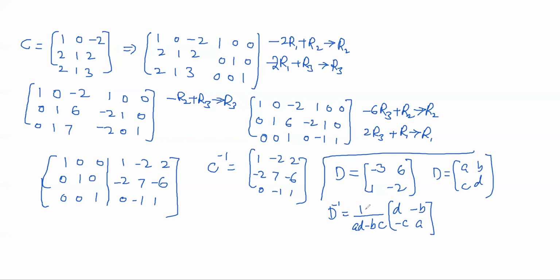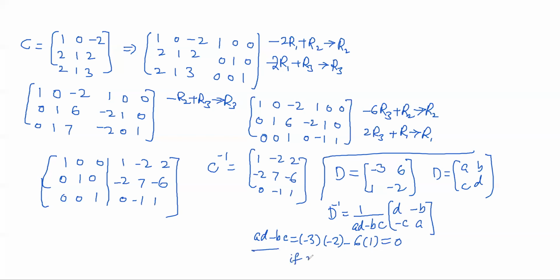But in this case, if we find AD minus BC, A is minus 3, D is minus 2, B is 6 and C is 1, we will get 0.